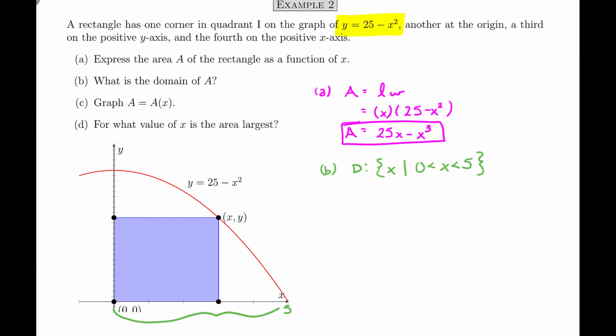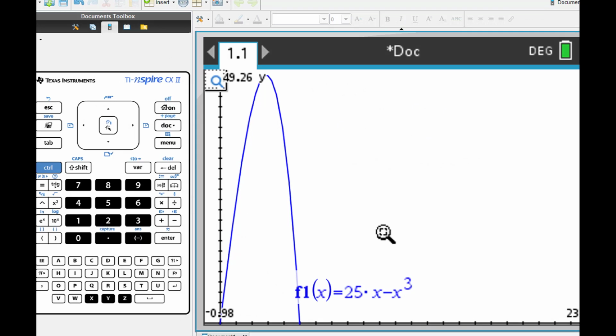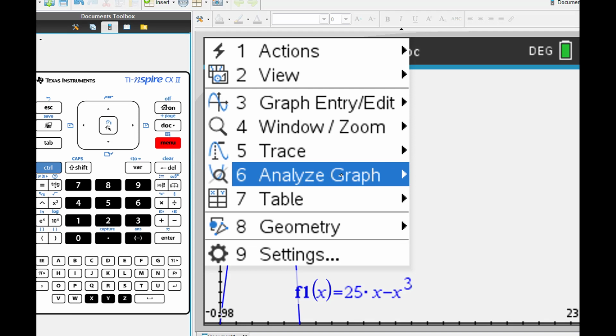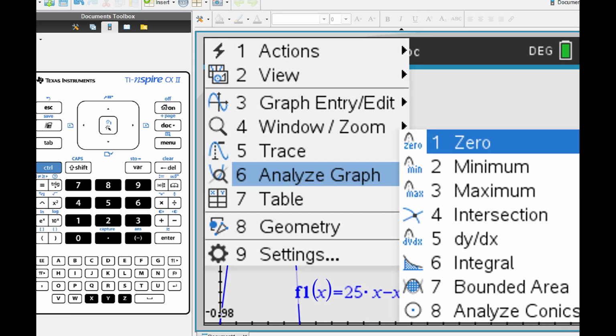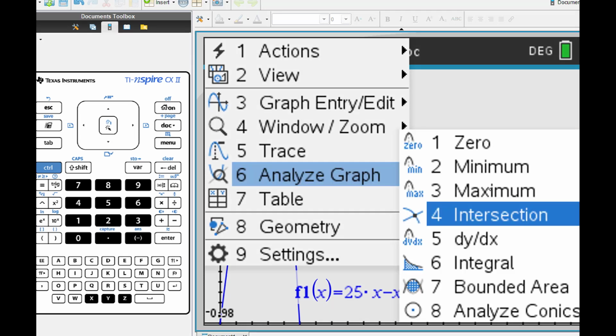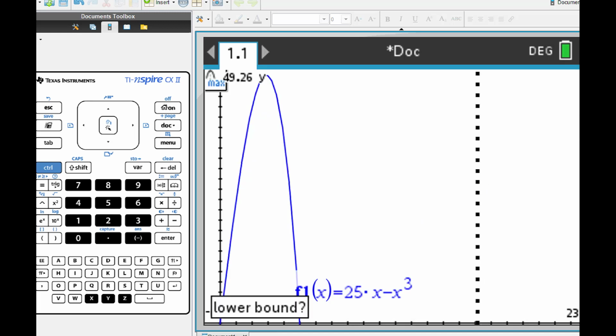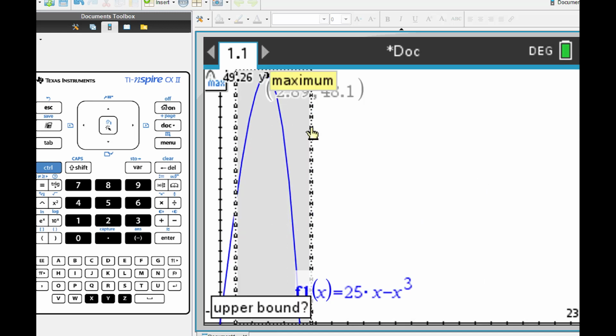Part D says, for what value of x is the area the largest? So let's go back to our calculator. That's at the vertex of this peak on the graph. To evaluate that using the calculator, it's menu, analyze, and since that peak is a maximum value, we go to maximum and highlight it here.